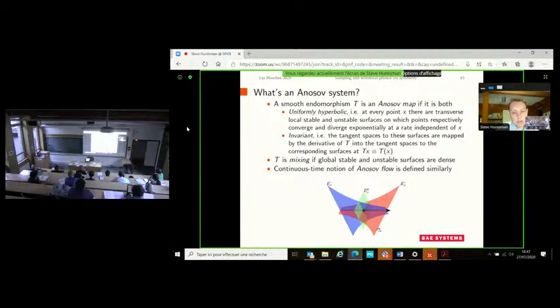That's this red stuff here, or pink. And there are some parts that are stable and contract. And if it's a flow versus a map, there's going to be a neutral direction, which is transverse to the time evolution. Some of these are mixing and some aren't. The ones we're going to care about are all mixing, and so they're good archetypal physical systems.